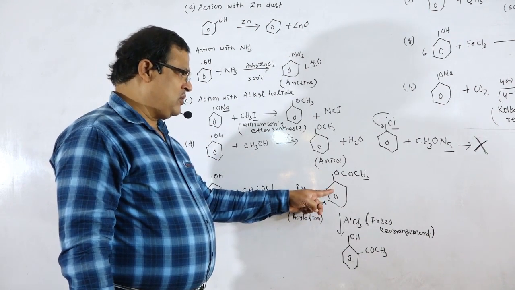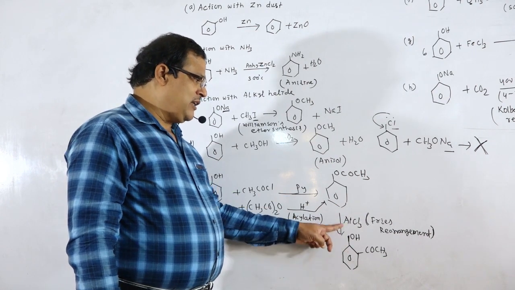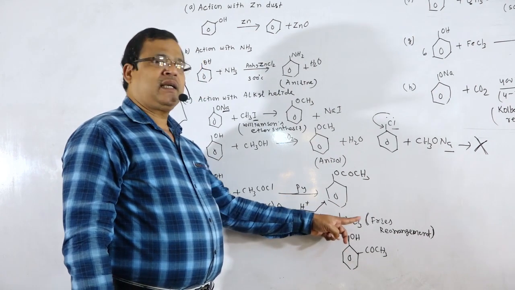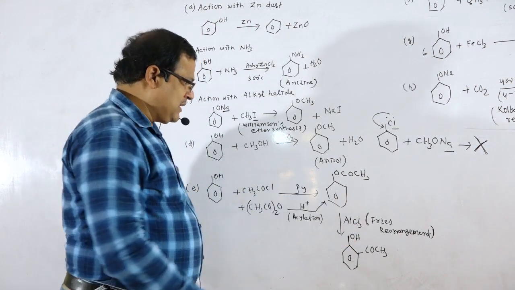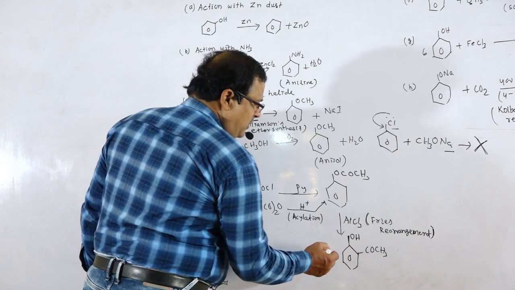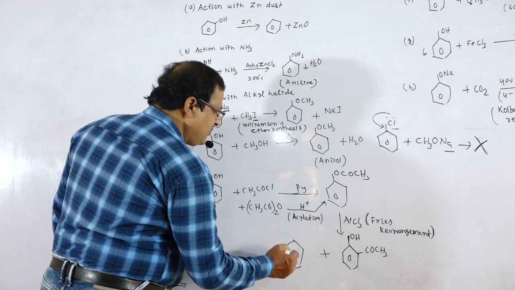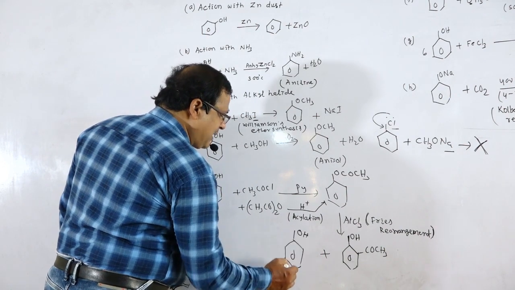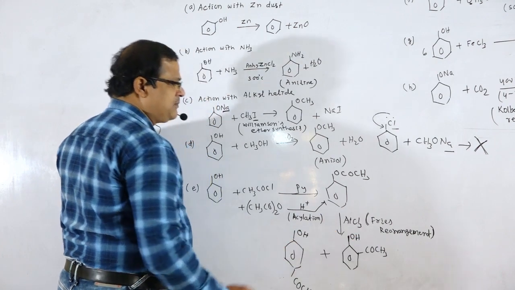This compound undergoes rearrangement in presence of AlCl3, and that rearrangement is known as Fries rearrangement. So there is the formation of the ortho product, and also the chance of formation of some para product. This is the ortho product and this is the para product.